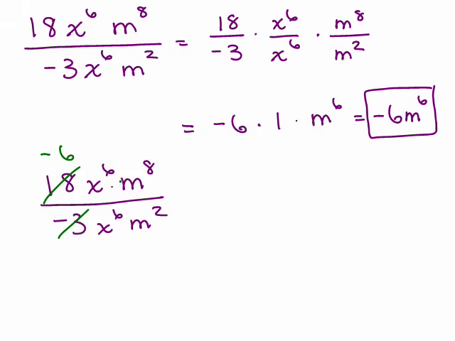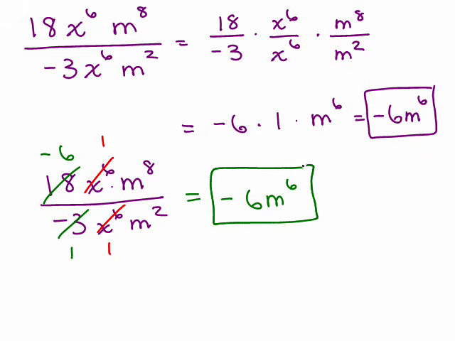And then those are going to completely cancel, right? And I guess here I could have put 1. And then for the m to the 8th over m squared, you can subtract exponents, and you get negative 6 m to the 6th. Alright, again, different strokes for different folks.